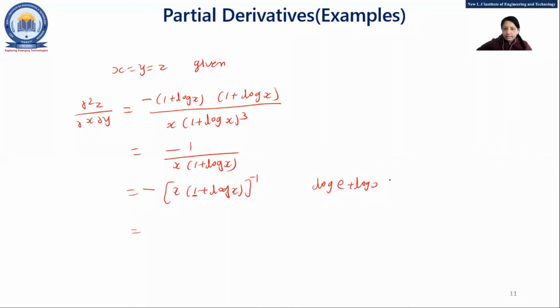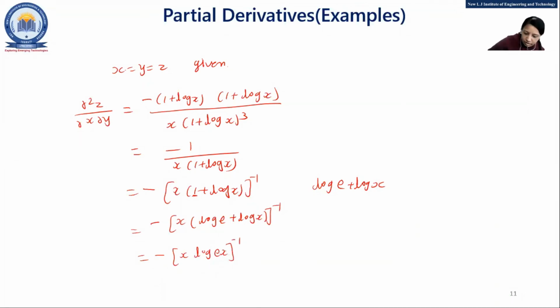So log e plus log x. I'll write down here only: minus x into log e base e plus log x, the whole raised to minus 1. Fine. So this log can be written as log ex. So minus x into log ex raised to minus 1.